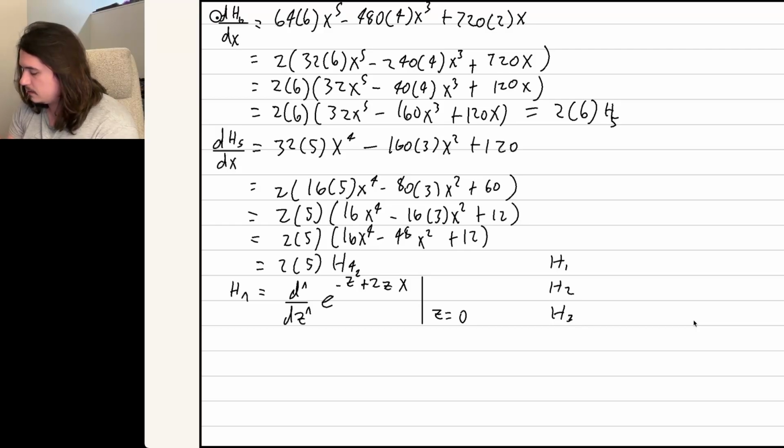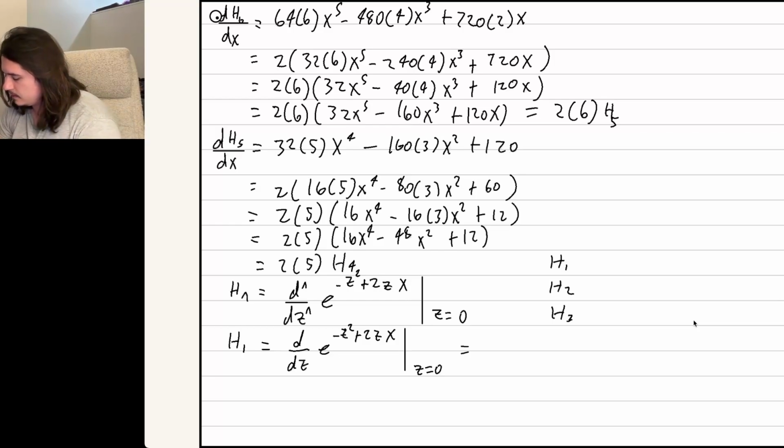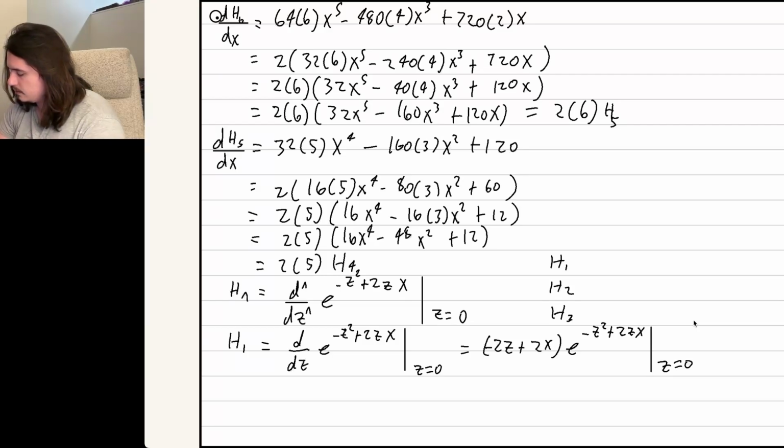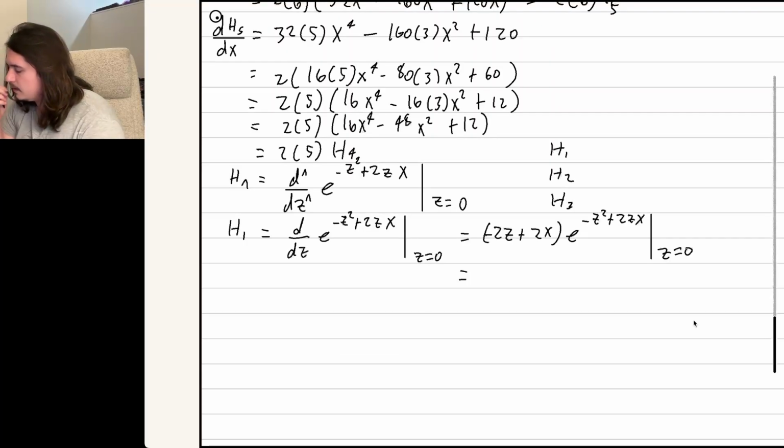So h1 is the first derivative of e to the minus z squared plus 2zx, evaluated at z equal to 0. So it's minus 2z plus 2x times e to the minus z squared plus 2zx, evaluated at z equal to 0, which is going to give us just 2x. That's h1.